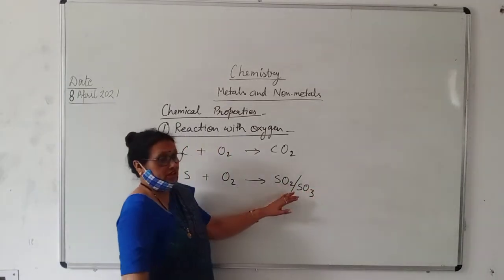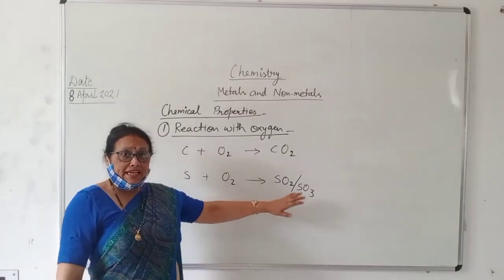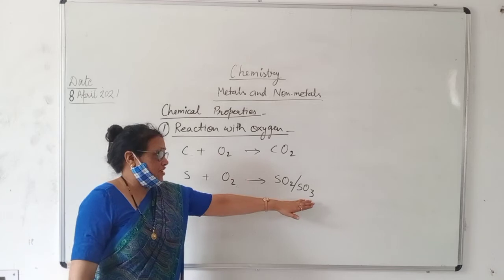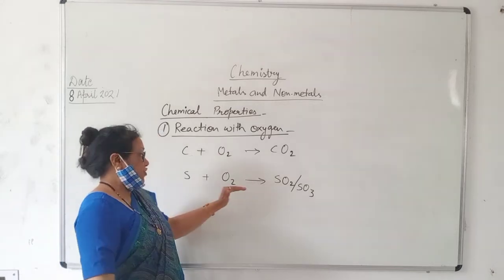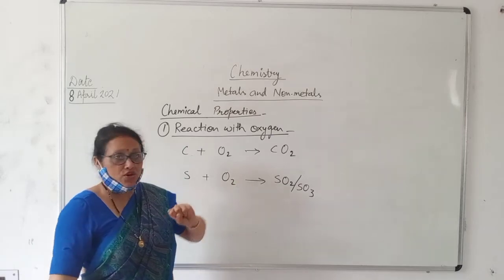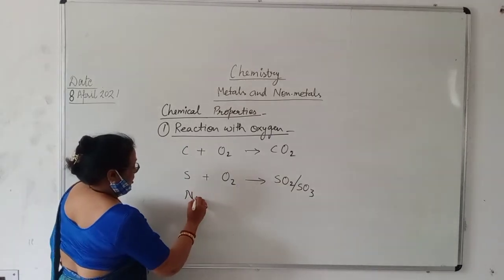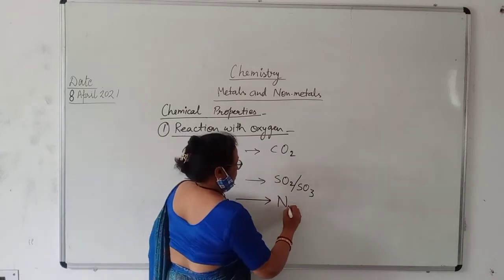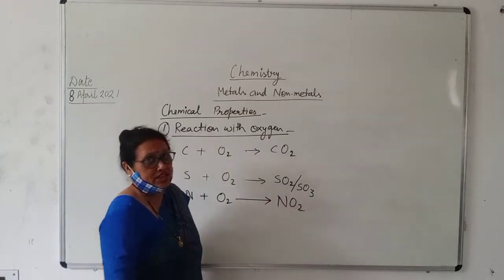It depends on the availability of oxygen. If oxygen is available in more quantity, sulfur trioxide will be formed, and if oxygen is available in less quantity, then sulfur dioxide is formed. If nitrogen is burned in air, it gives nitrogen dioxide.